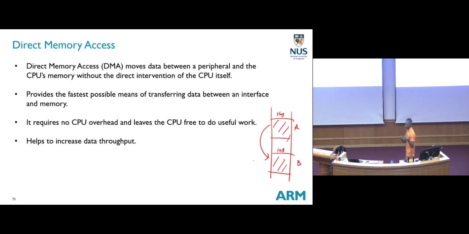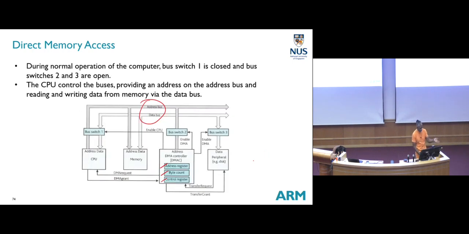This idea of moving memory from point A to point B is a very trivial task, and you would rather use your CPU for more important things. So the idea of DMA is, instead of me having to write code to move data around, why don't I make use of a separate hardware block? That is where the DMA comes in.